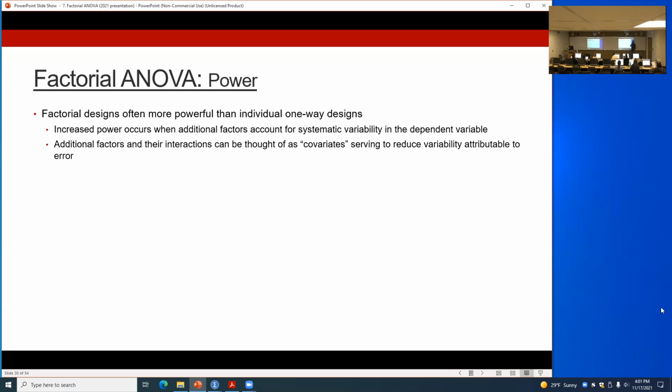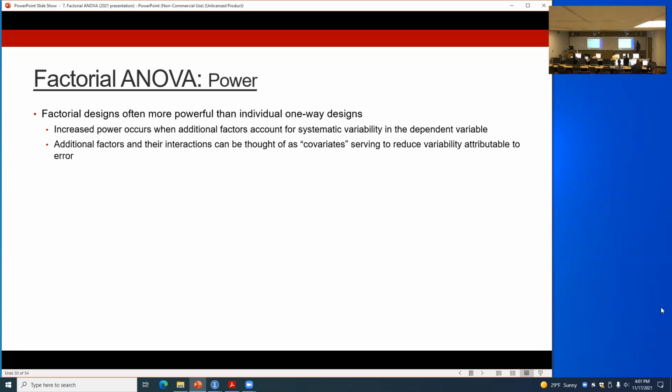Okay. All right. So another thing to think about is power. One of the things we see is that our factorial designs are often more powerful than our individual one-way designs. Where this gain comes from is that we account for more variability in our dependent variable as we add in different factors.